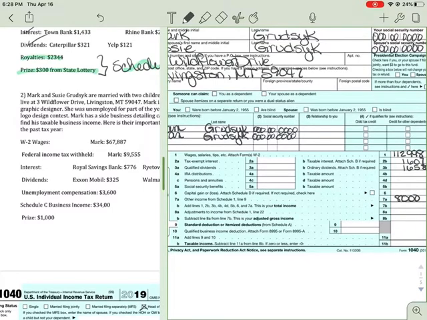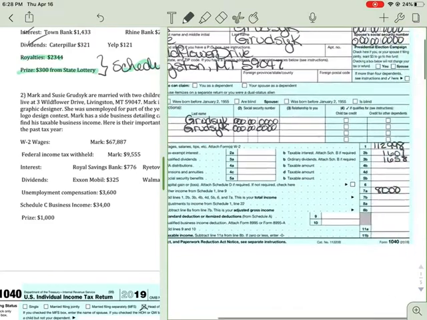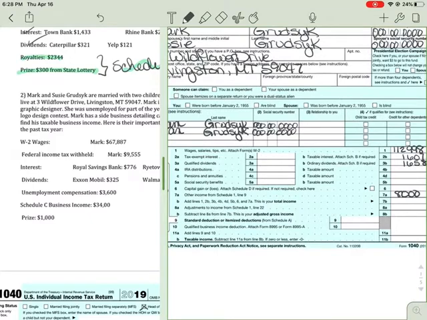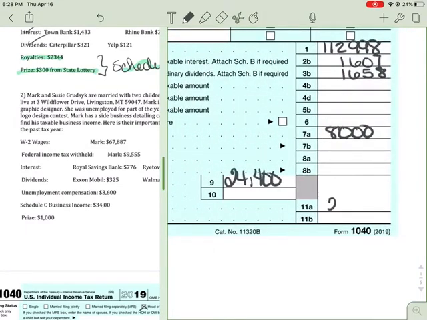Now we don't have any adjustments and we don't have anything from 8A, so we're good here. But we are going to take our deduction. They are married filing jointly, so they are going to take out $24,400. That's going to go in line 11A.